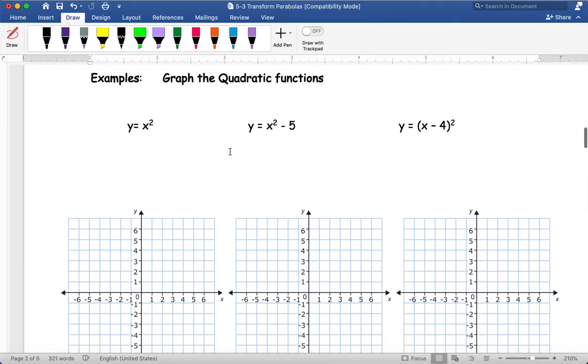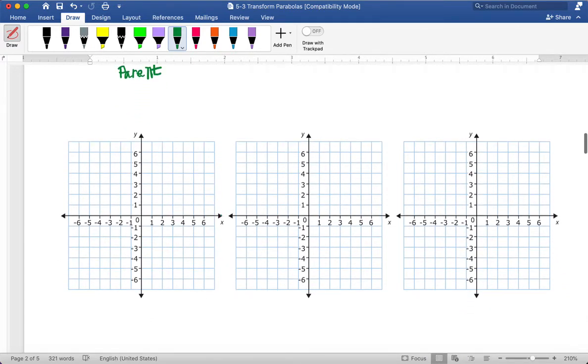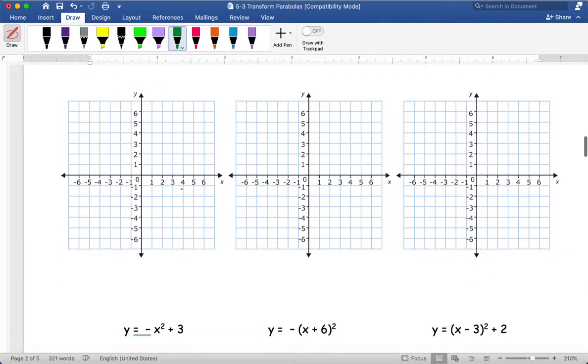All right, let's do some examples. Graph the quadratic functions. Notice this one right here. Let's pick a color, green. This is the parent function. There are no translations. There is no up, down, left, right. So we're going to graph it. What are the points of the parent function?